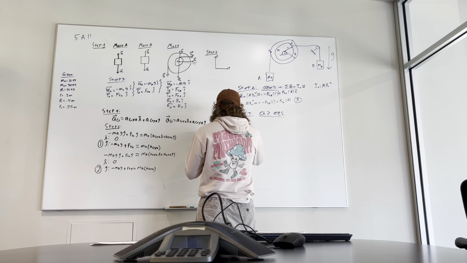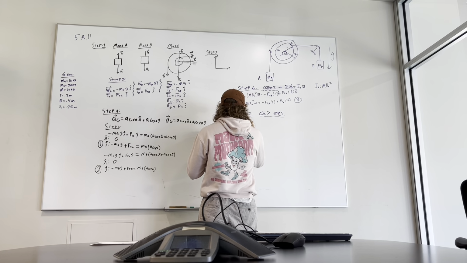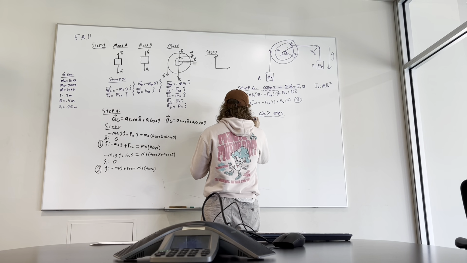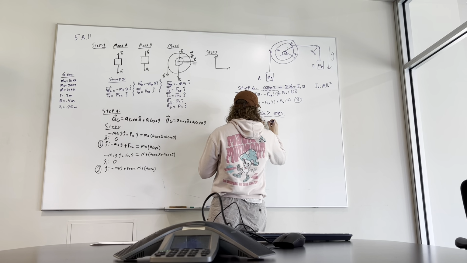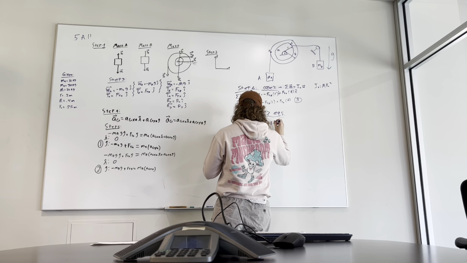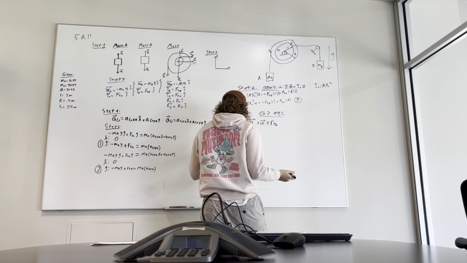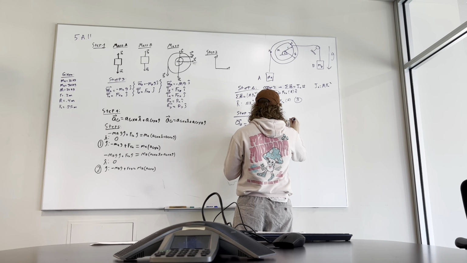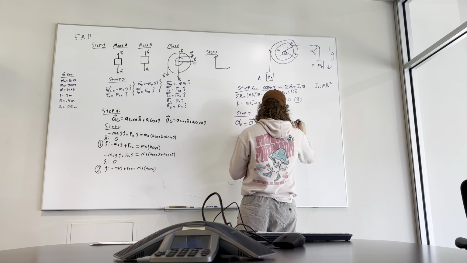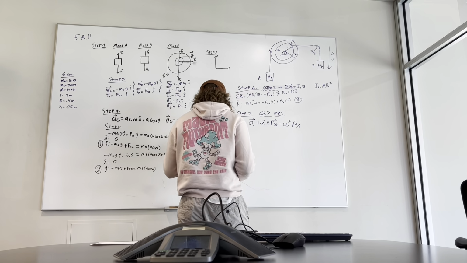So we have acceleration at B is equal to AO plus alpha cross R B slash O minus angular velocity squared times R B slash O.